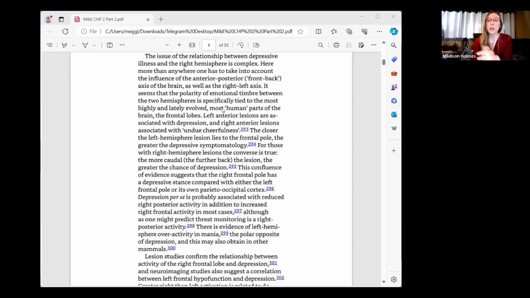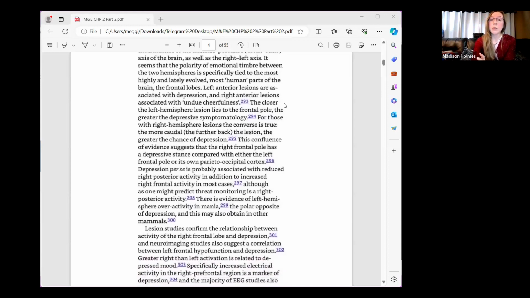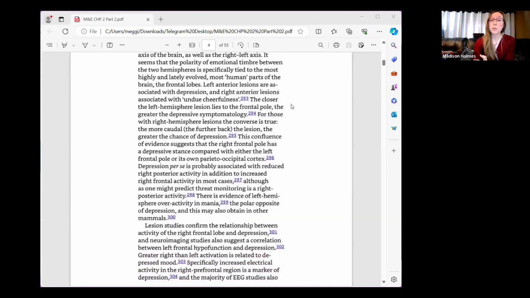The issue of the relationship between depressive illness and the right hemisphere is complex. Here, more than anywhere, one has to take into account the influence of the anterior-posterior, front to back axis of the brain, as well as the right to left axis. It seems that the polarity of emotional timbre between the two hemispheres is specifically tied to the most highly and lately evolved, most human parts of the brain, the frontal lobes.